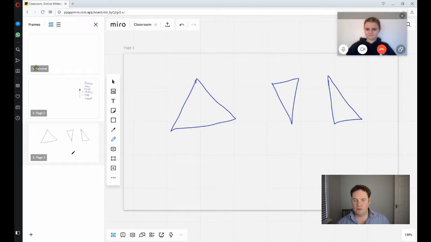Do you know what any of those are called, or what any of their features are? From the left, you've got the equilateral, then you've got an isosceles, and then you've got a right angle. Okay, perfect. We're going to start off with the right angle one. I don't know how up to speed you are with this, so we'll just see how quickly it goes.